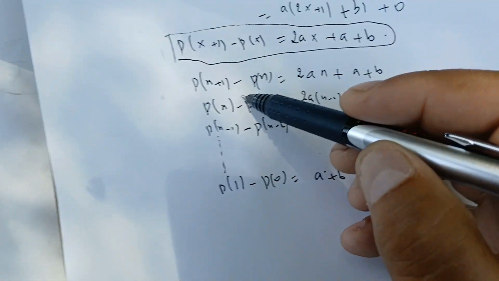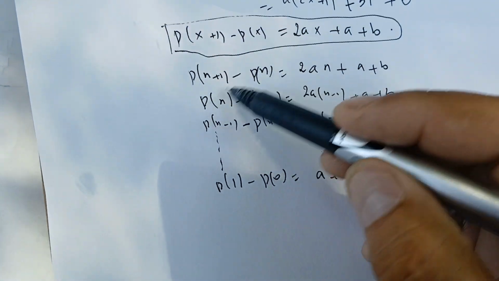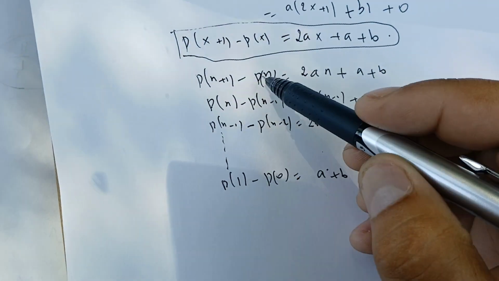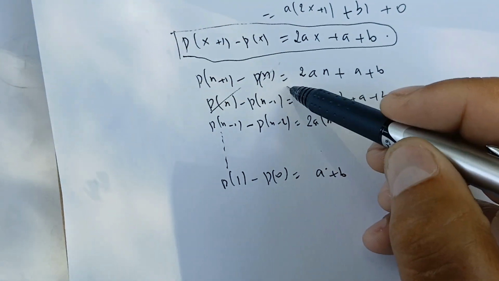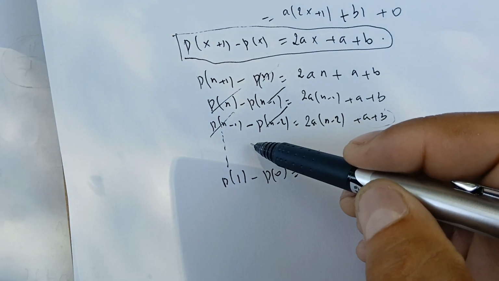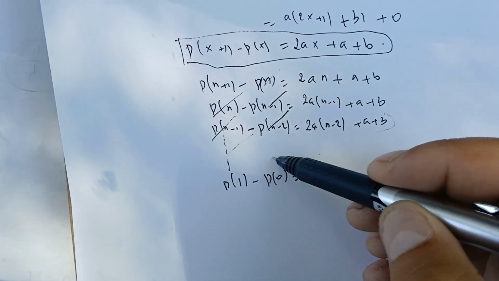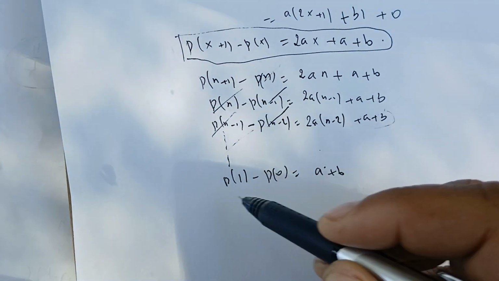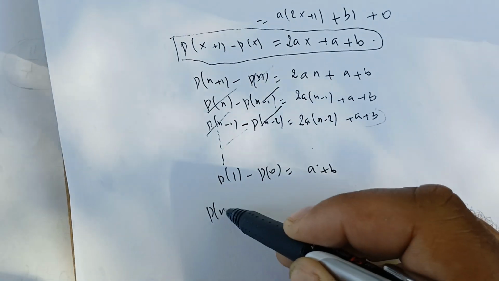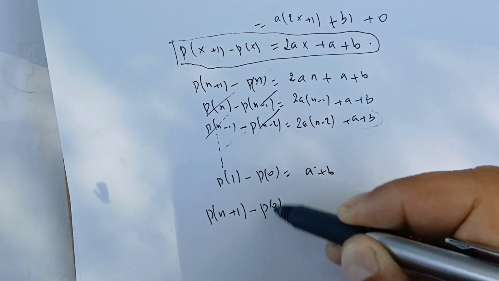Okay, doing addition here, we add all these numbers on the left. This one is gonna go with this one. This one is gonna go with this one. This one will go with this one here, and the p of 1 is gonna go with p of 1. So we're gonna be left with only p of n plus 1 minus p of 0.